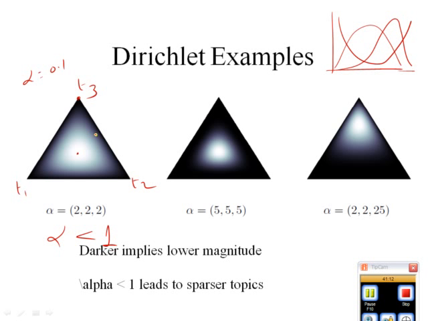You want exactly the opposite. You essentially want a Dirichlet distribution which is not white in the middle, but white at the edges. So it's sort of like this one, the n-dimensional analog of it.